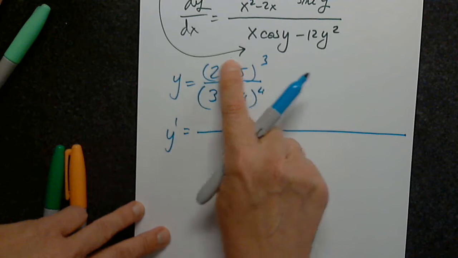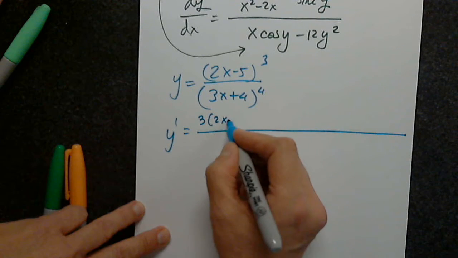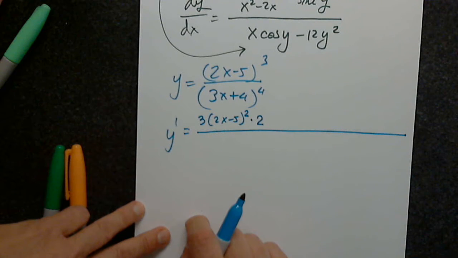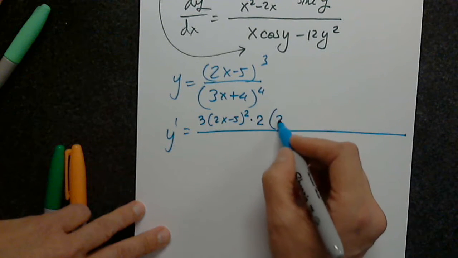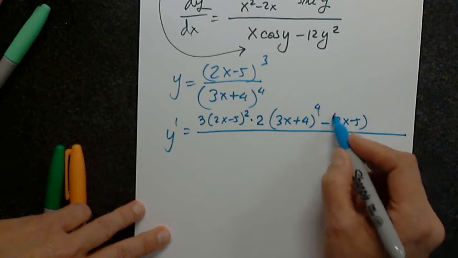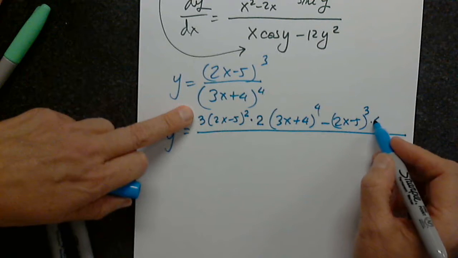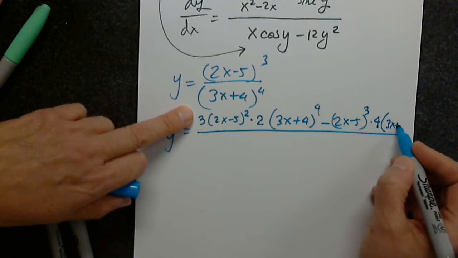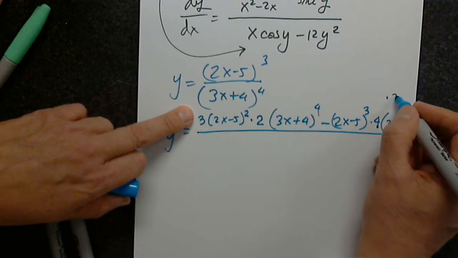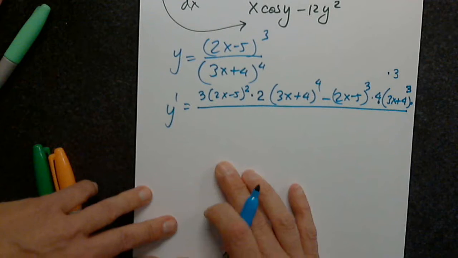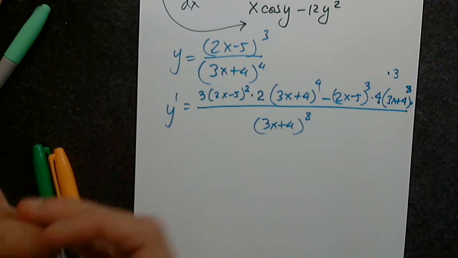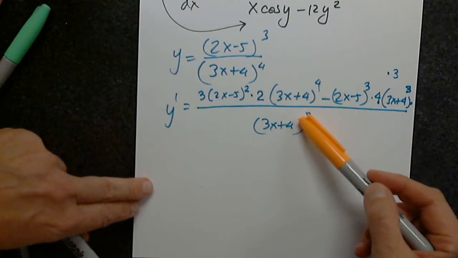The top function prime, 3 (2x minus 5) squared times the inner function prime, times (3x plus 4) to the fourth, minus (2x minus 5) to the third times 4 (3x plus 4) to the third, and of course I ran out of room, over (3x plus 4) to the 8th power. This will be a tragedy to simplify.